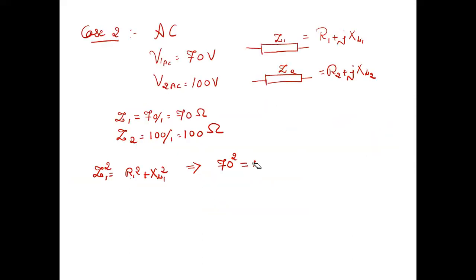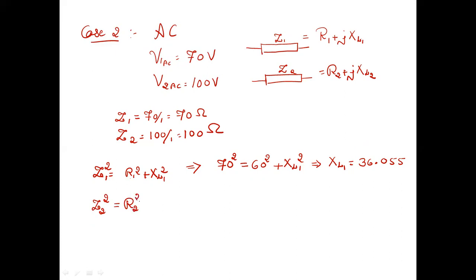R1 value 60, 60 square plus XL1 square. From this I will get XL1 as, let me calculate quickly, square root of 70 square minus 60 square. So that I will get XL1 as 36.055.